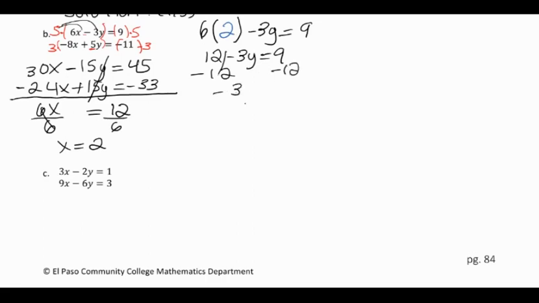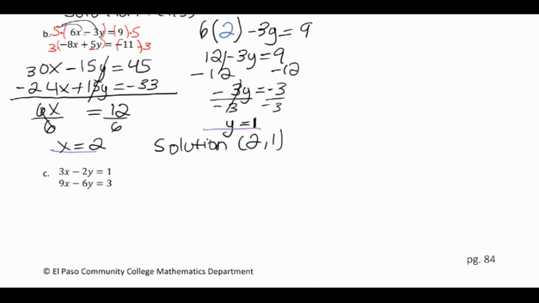So negative 3y equals negative 3. Divide both sides by negative 3. So y equals positive 1. So we have x and y. That means that my solution here, remember, it's an ordered pair. So my solution is (2, 1).